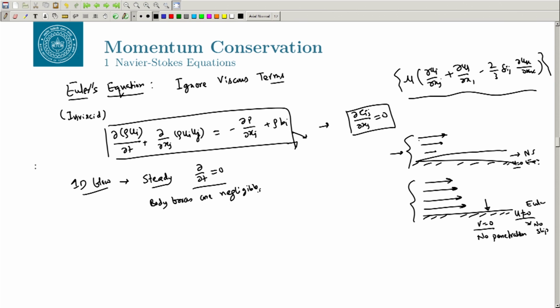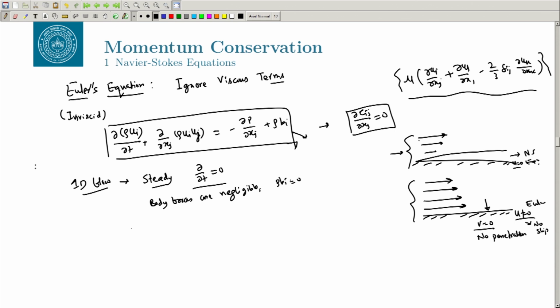This is a reasonable assumption in fluid flow. Mostly your body force is your gravity force. You might go to MHD, where magnetic and electric forces are also important, but generally for a flow in the homogeneous x direction, you can ignore the body forces here. So, ρb i equals 0.